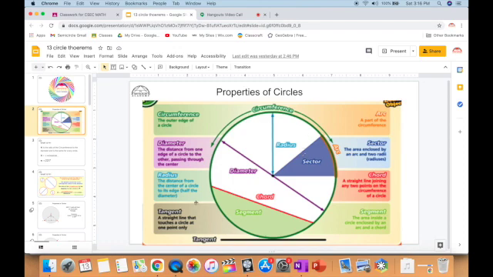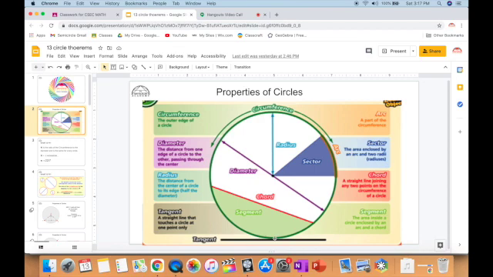So we have the circumference, we have diameter, we have a radius. A tangent is a line that will be outside of the circle, but it will touch the circle at 1 single point only. That is super important.